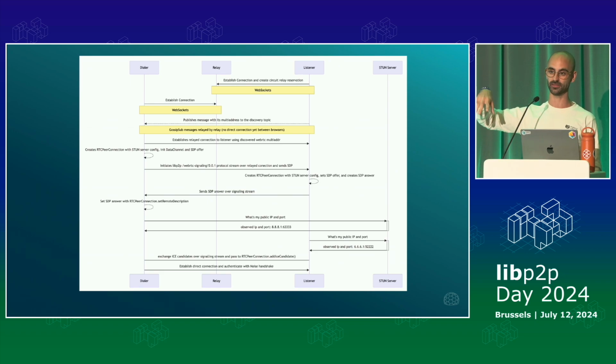And then they start sending the SDPs to each other. And then they call the STUN server. The STUN server tells them their public IP. And then essentially they're adding these candidates using the local WebRTC API in the browser. And then they try to dial each other directly, and once the connection is established, then there's a noise handshake that happens in order to authenticate the peer.